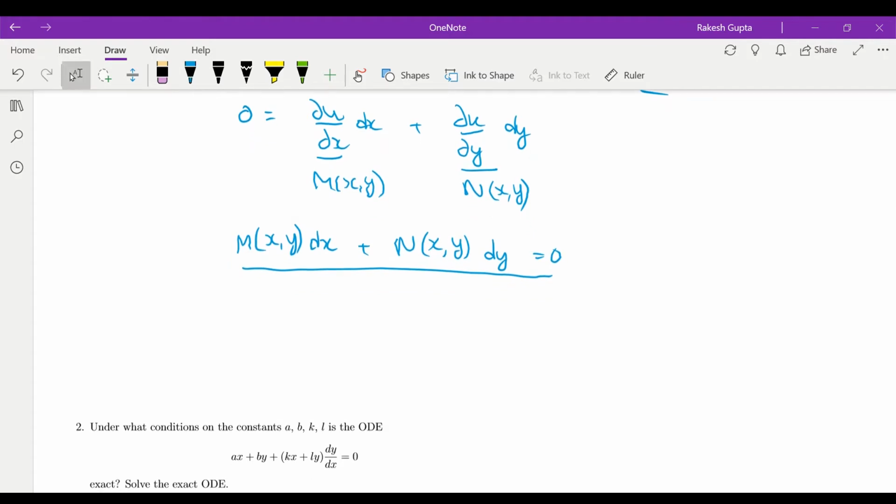Also, when we partially differentiate m with respect to y and n with respect to x, we will get the following.